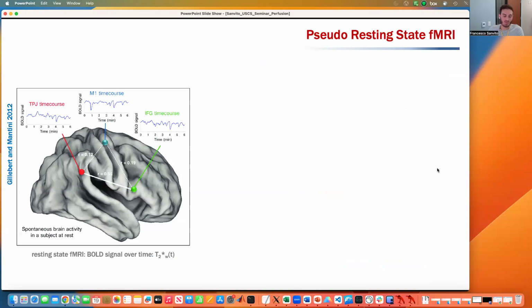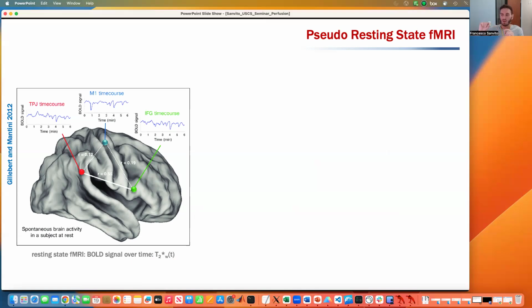Finally, the concept of pseudo-resting state, just two slides. Which is another advancement that is related to perfusion. As you know, in resting state fMRI, the concept is we have signal over time, so again in a fourth dimension, of different brain regions, and we know that brain regions that are functionally connected should have some correspondence in how the MRI signal oscillations are synchronized over time.